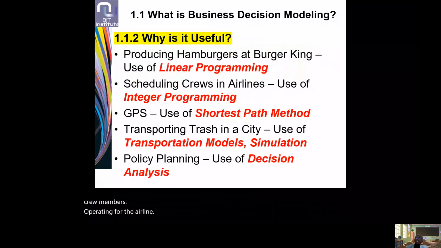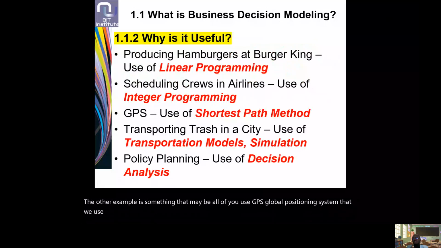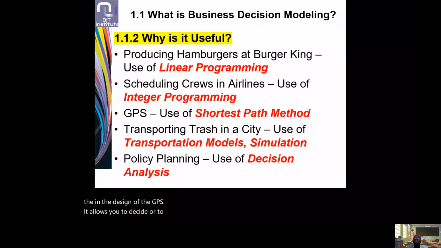The other example is something that maybe all of you use, GPS, the global positioning system that we use, for example, to find the directions that we want to go to. Right now, obviously, the design of the GPS allows you to choose the shortest path that you want. Ideally, if you're a rational decision maker, you want to choose the shortest path.